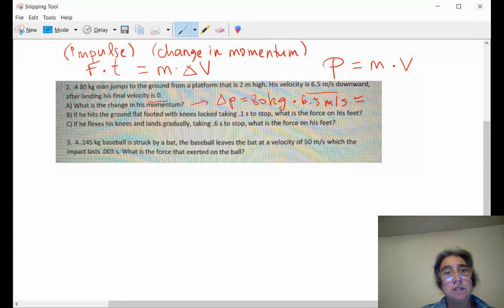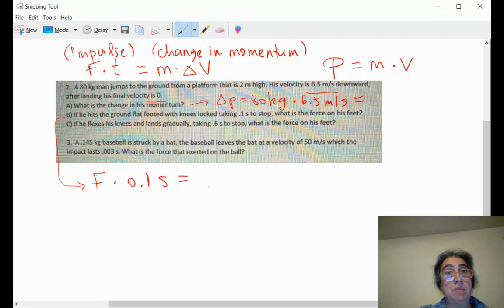If he hits the ground flat-footed, with the knees locked, at 0.1 second to stop, so that would be the time. What is the force of his feet? Now we're going to have to look at the formula for the impulse. So we have the force, which we do not know. We do have the time of stopping, so I'm going to say we continue underneath, 0.1 seconds.